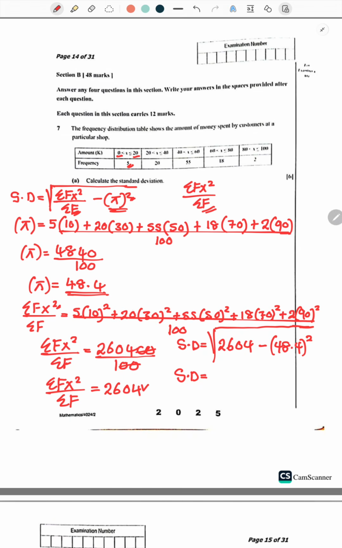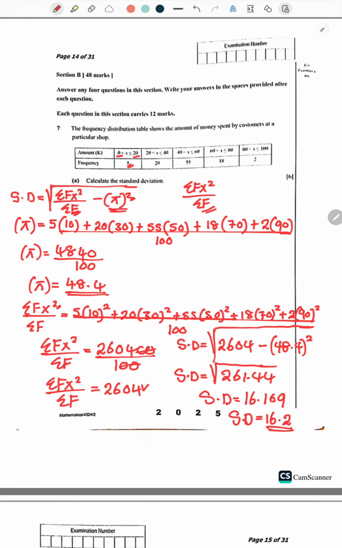Let's check. 2604 minus 48.4 to the power 2. We are getting 261.44. Then of course SD is going to equal the square root of this, which is 16.169. So our SD is going to equal 16.2. So we get our final answer.